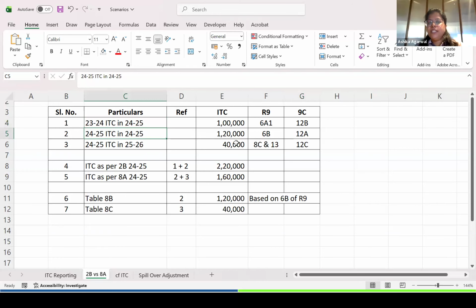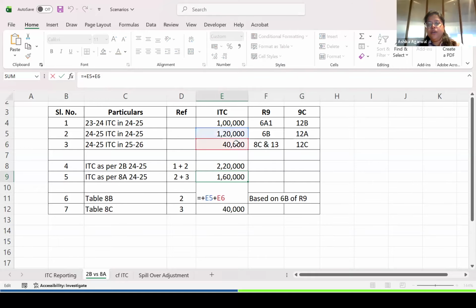The ITC which pertains to the current year, 120, will be reported in GSTR-9 table 6B, and in 9C it will form part of table 12A. ITC of 24-25 auto-populated in 25-26 will go in 8C and table 13 of GSTR-9, and the respective table in 9C is table 12C. This is how the reporting will happen.